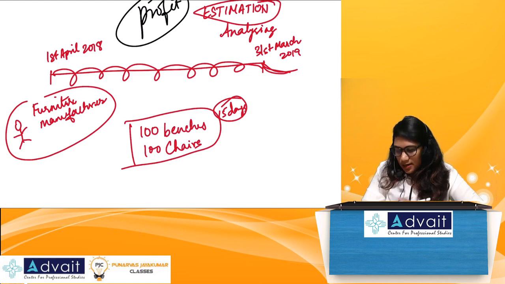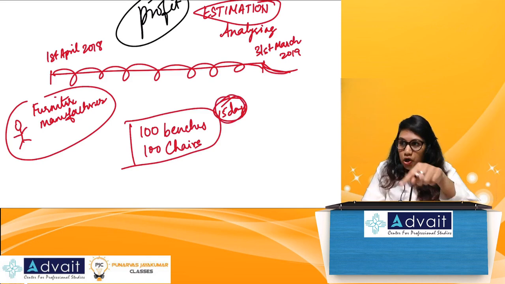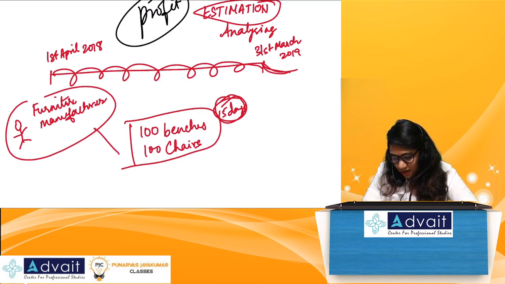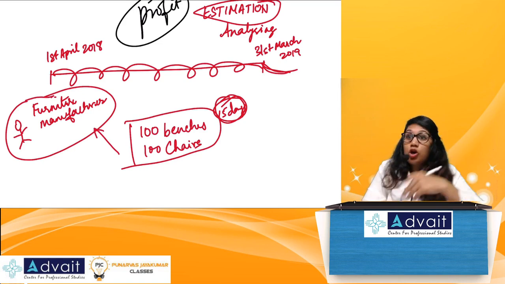Now, has he started your bench and chair? No. He's going to do it in the next 15 days. Correct? But for you to decide whether to go ahead with this furniture manufacturer, you need a quote. Correct? He has to estimate the costs.